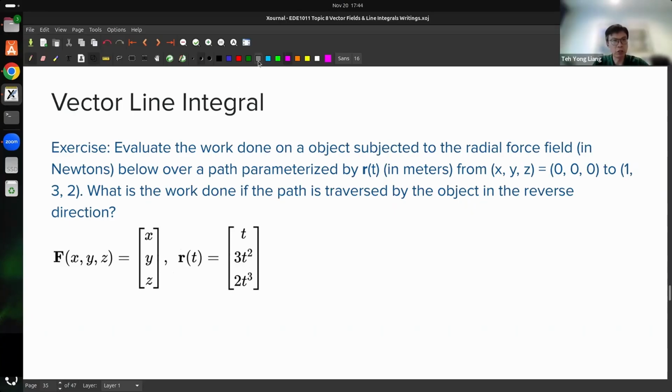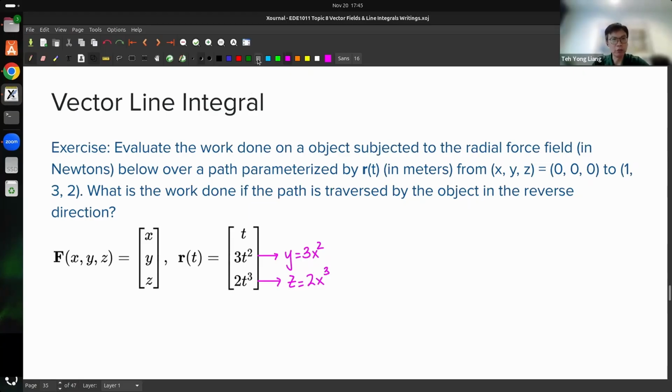Maybe I can try to draw this. No need to draw, but I just want to visualize the path for you. So x is t, therefore y is 3x squared, and z is 2x cubed, because x is t.